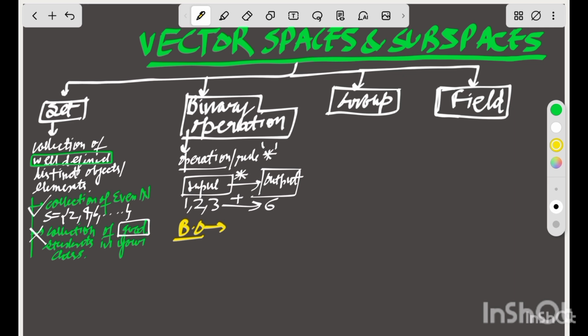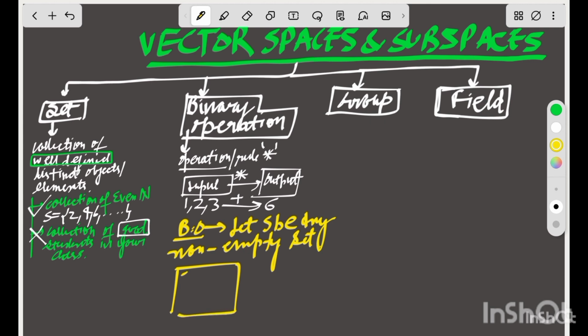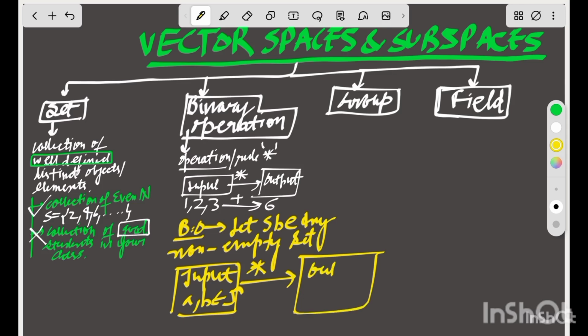Next is binary operation. Binary means 2, means the operation which is applied on the 2 element. That is, let S be any non-empty set. Here we are given the input, means the any two element from the set S. We apply the operation and we get the output.